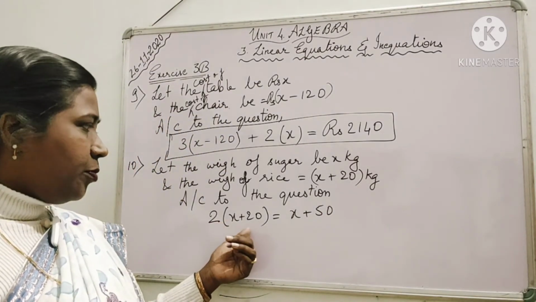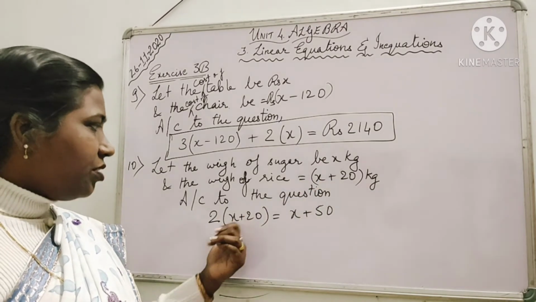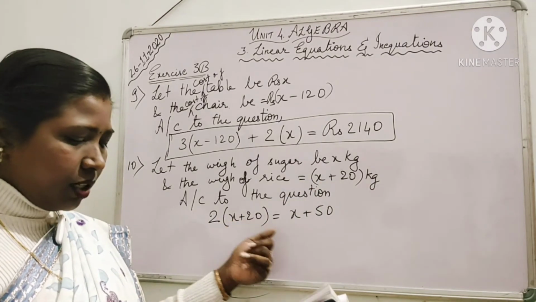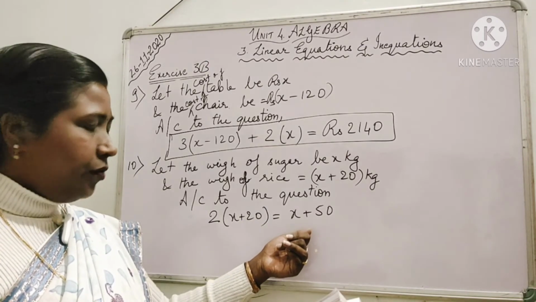So according to the question, the equation is 2 times x plus 20 is equal to x plus 50.